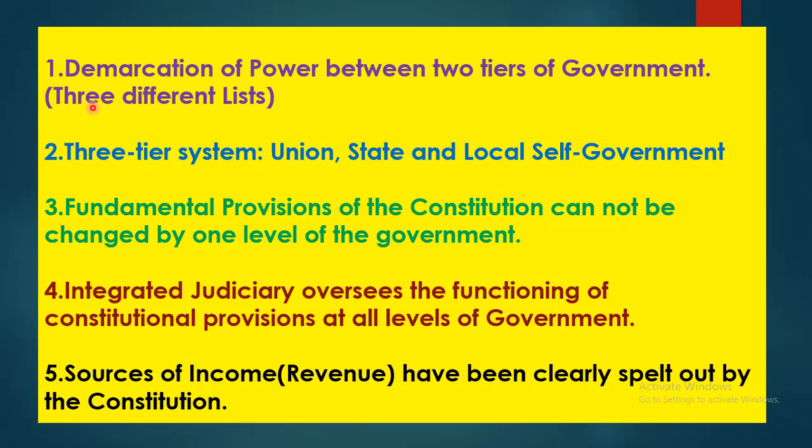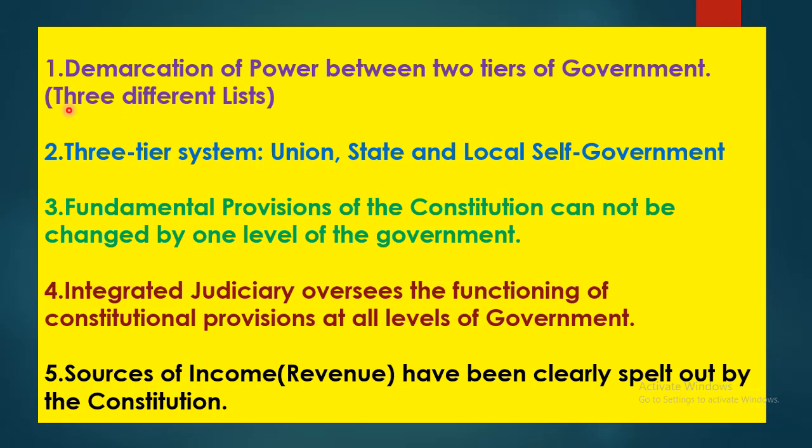Your first point would be demarcation of power between two tiers of government. Two tiers of government means here we have the union government and the state governments. In our previous concept we discussed the three different lists: union list, state list, concurrent list.